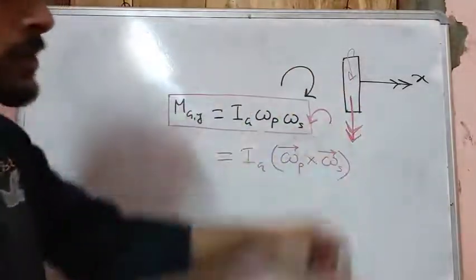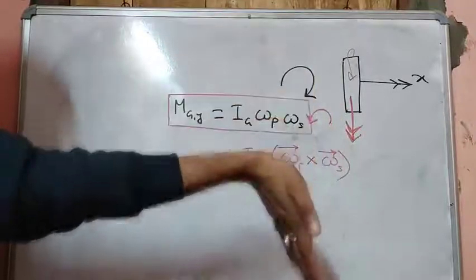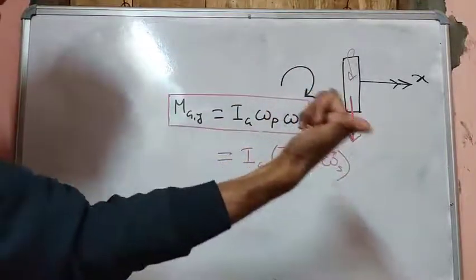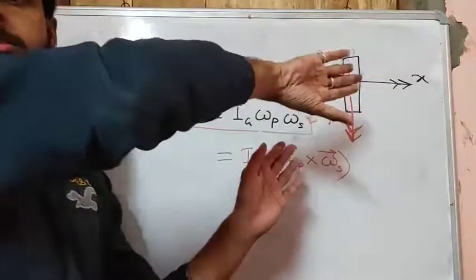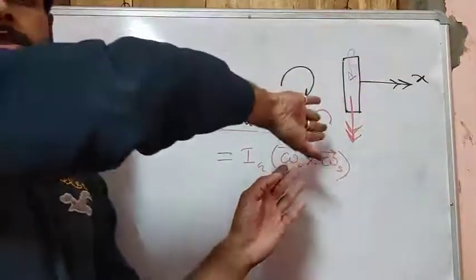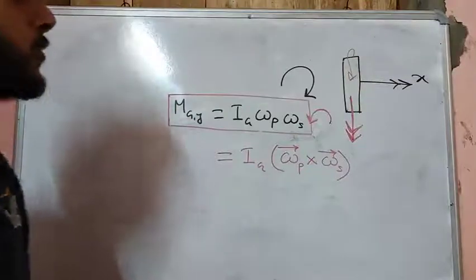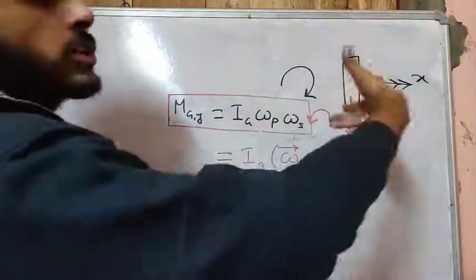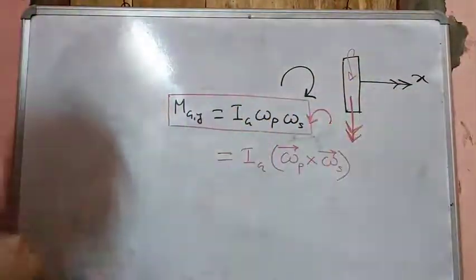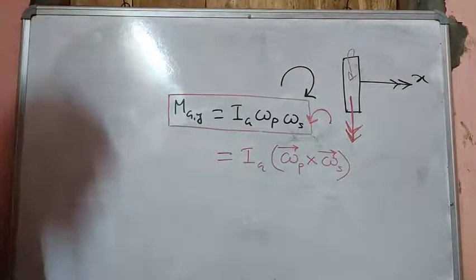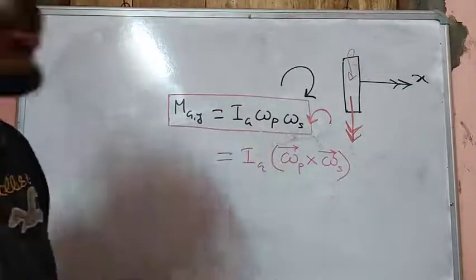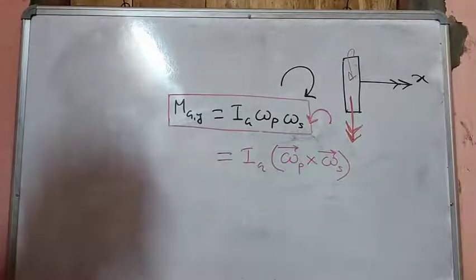So omega p cross omega s gives a direction which is anti-clockwise like this. If omega p is in the downward direction, the disc will rotate in this direction. So if we apply an external moment to a spinning disc, the disc will turn in these directions. This is one of the inferences. This torque is called the gyroscopic torque.